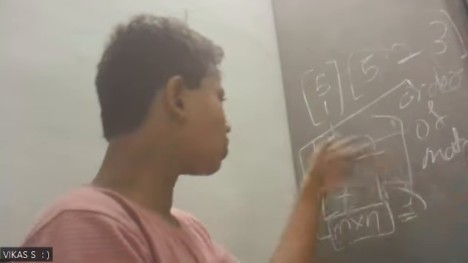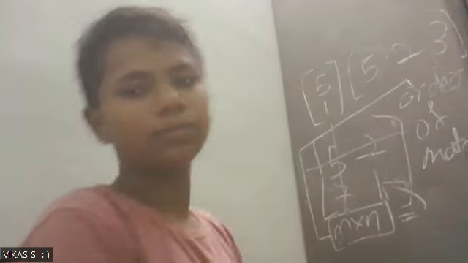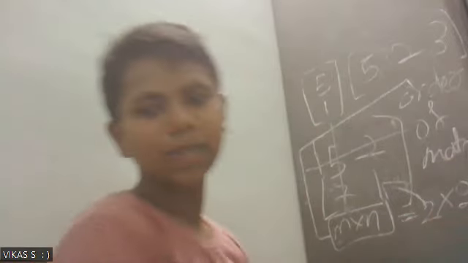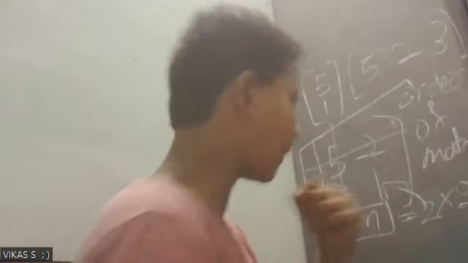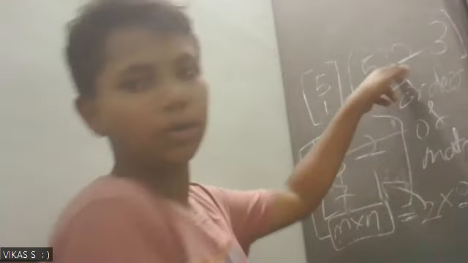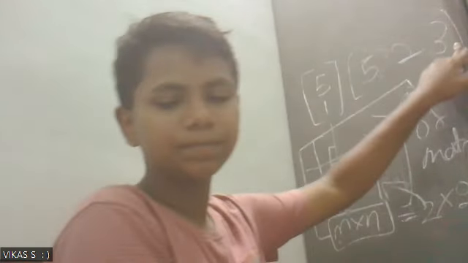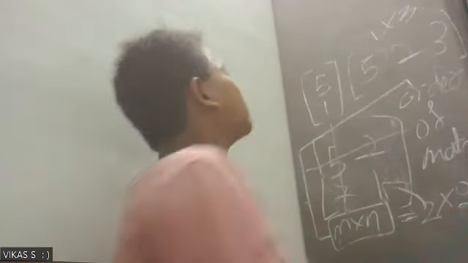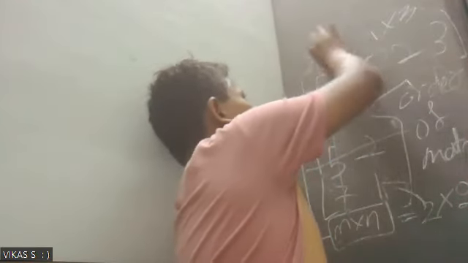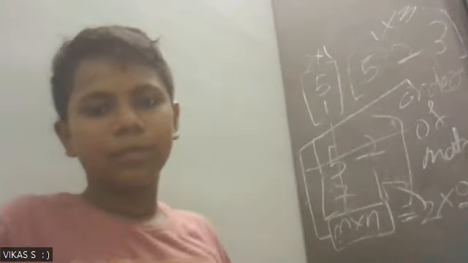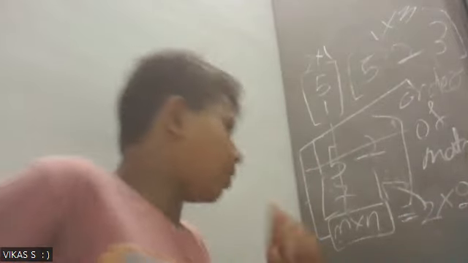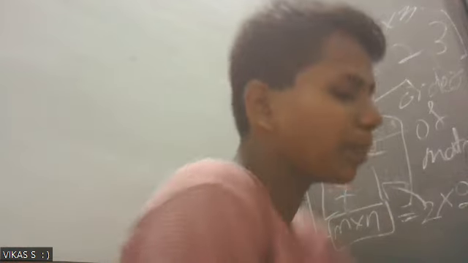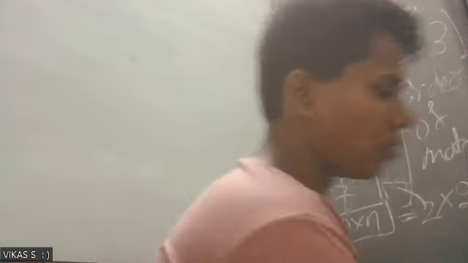Can you guess this one, guys? It is 1 into 3. This one is 2 into 1. So this is the order of a matrix.